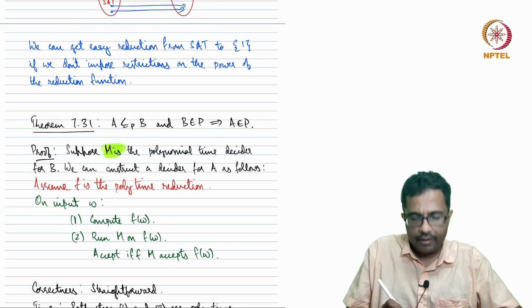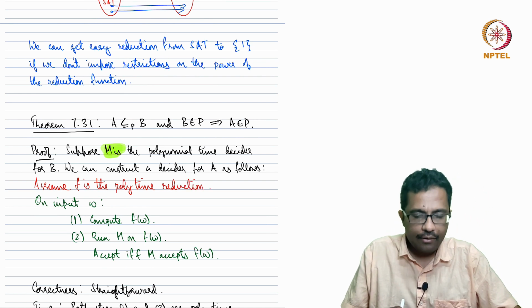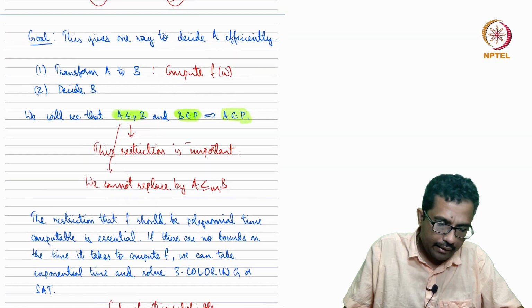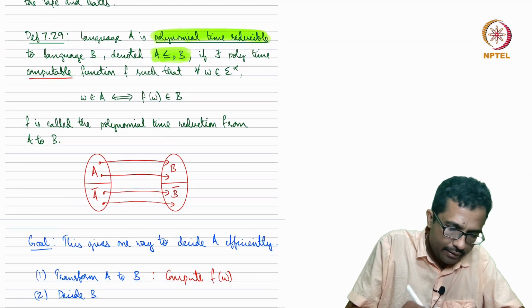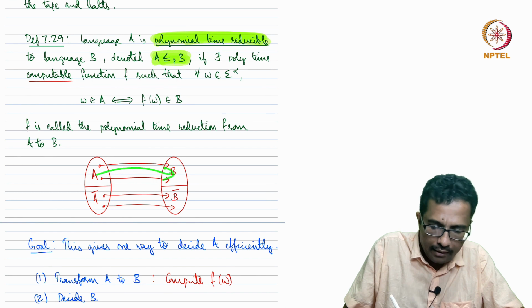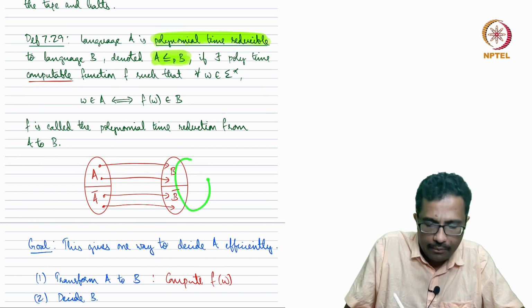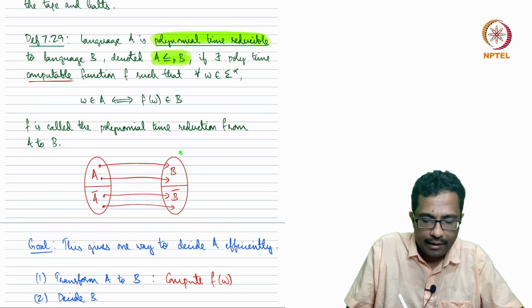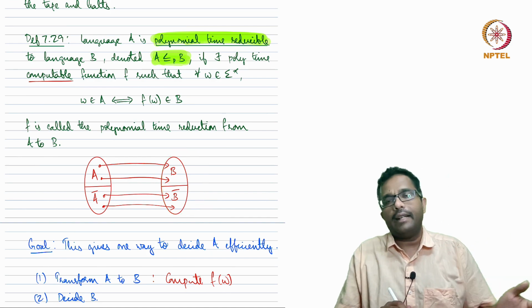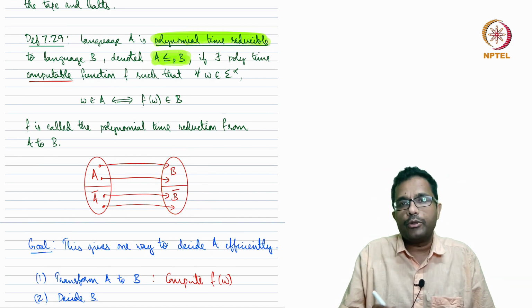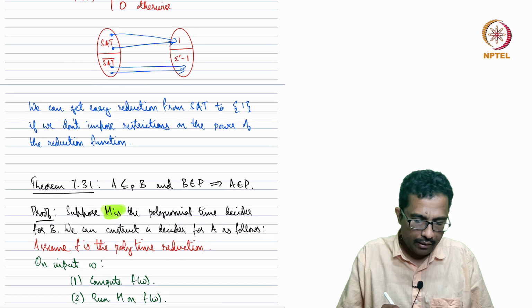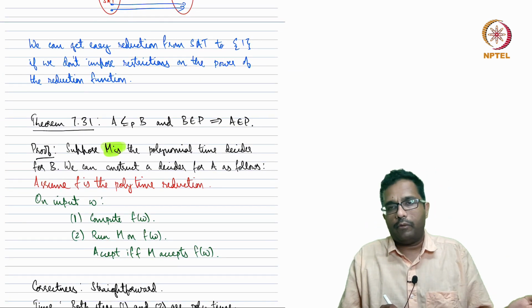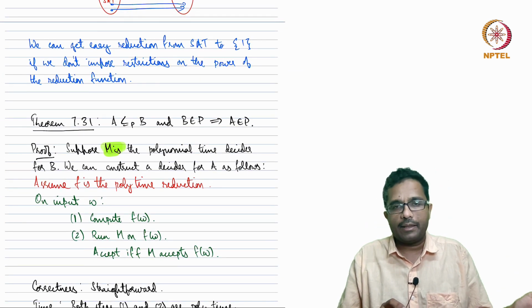So we first compute the reduction F, and then we check for the membership in B. So we use the decider for B. We basically run M on the reduced instance, which is f of W, and that's it. If M accepts f of W, we accept W. If M rejects f of W, we reject.